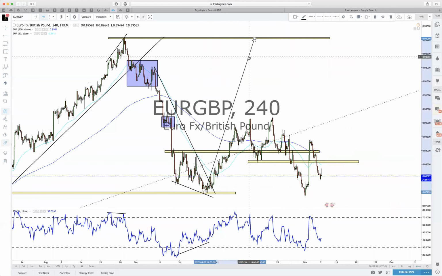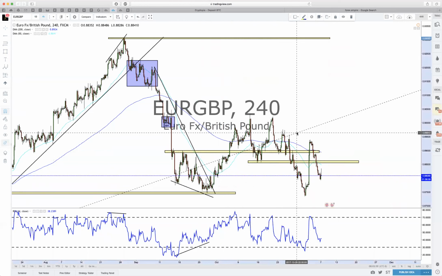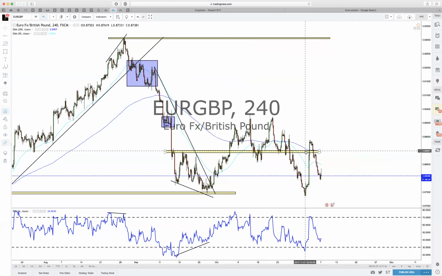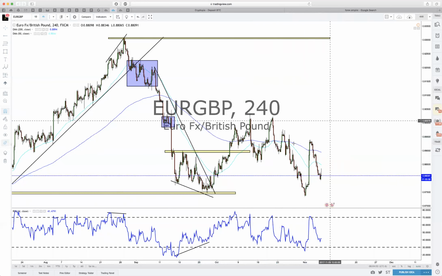So right now the pattern is not valid, but we'll just have to wait and see how it plays out in the near future.